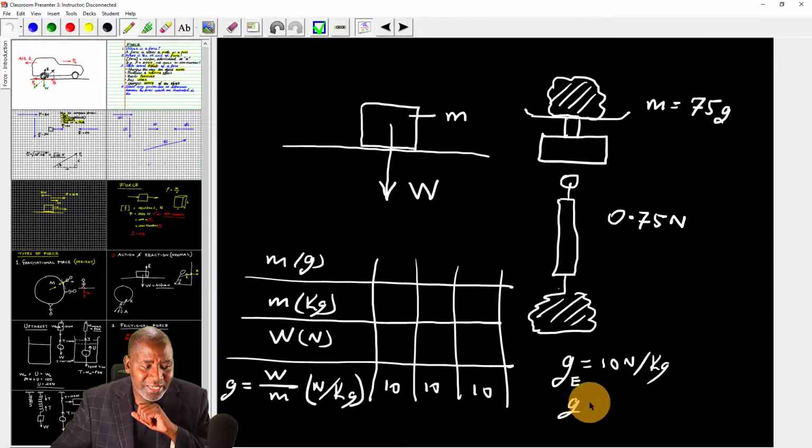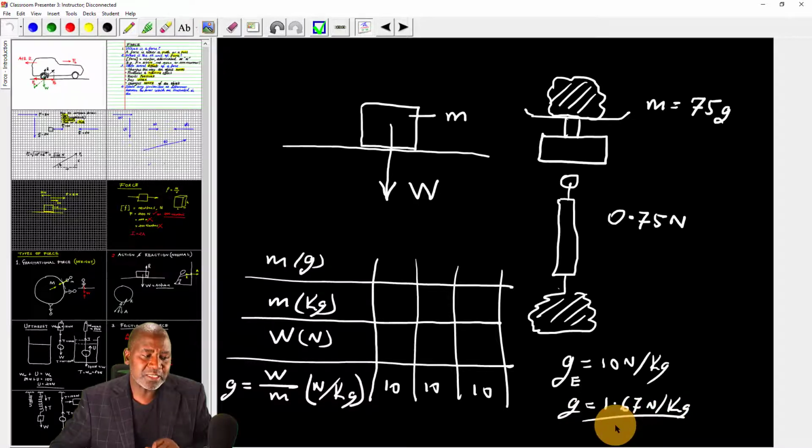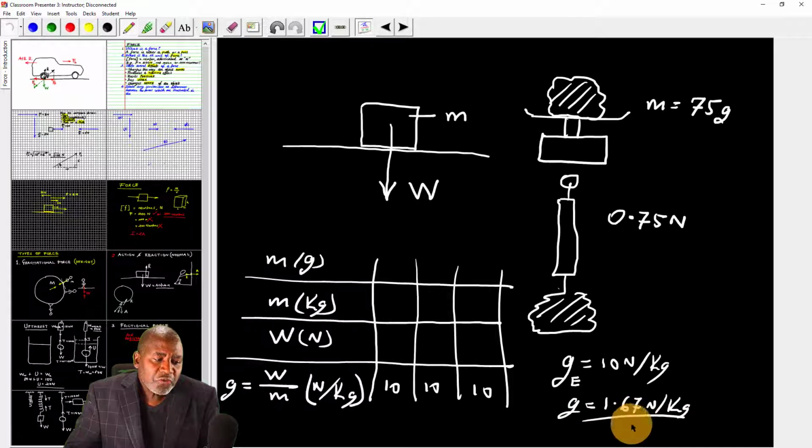We are told that the gravitational field strength of the moon is 1.67 newton per kilogram. Again, what this means is that the gravitational field of the moon exerts a force of 1.67 newtons on 1 kg mass put in that gravitational field at that point. So the moon has got a smaller gravitational field strength compared to the Earth.